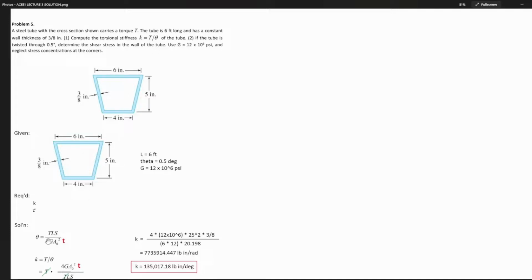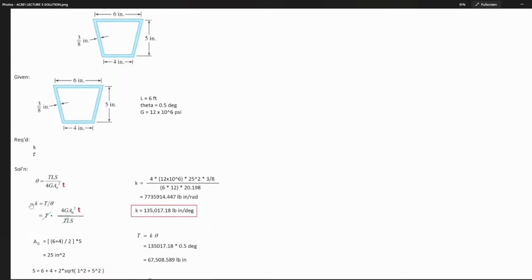Why not substitute theta here? If we do that, the torque will cancel out. So, you'd be left with K equal to 4G A0 squared t over LS.